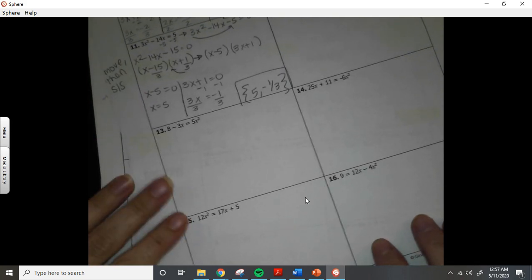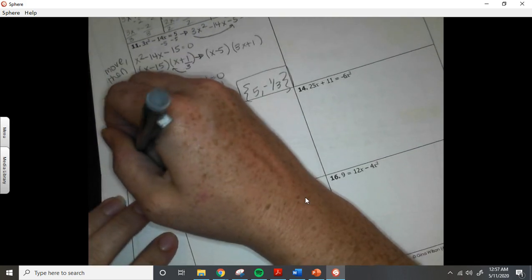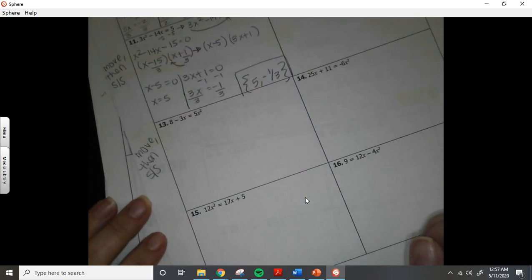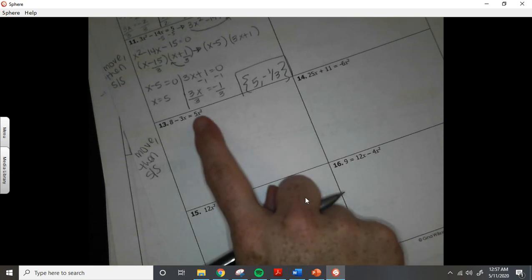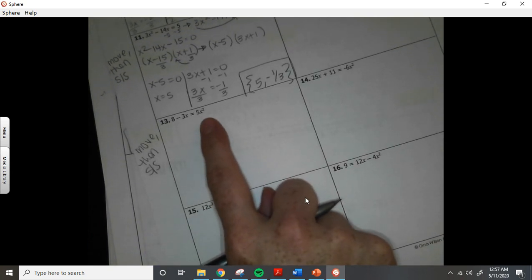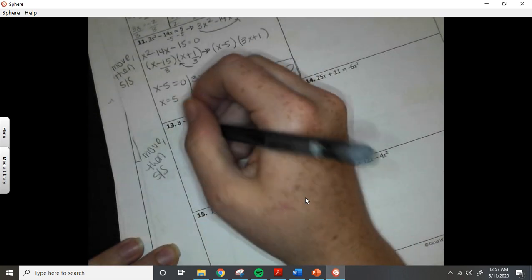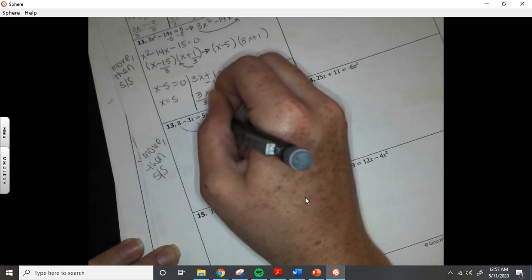All right, so this one, again, we have to move first, then slip and slide. So now we've got to jumble this all around. I want my x squared term to be positive, so I want to move everything over here.